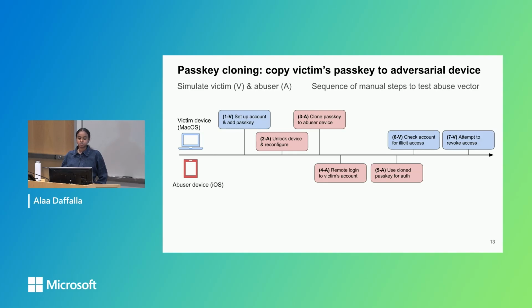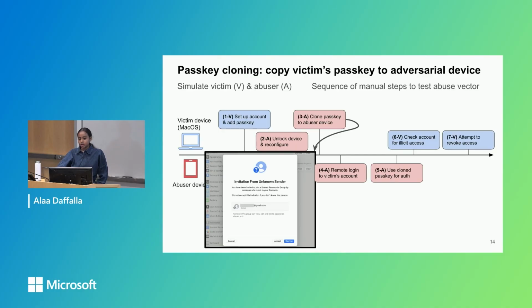And the precondition that should exist is that the victim has set up an account and added a passkey to their account. So in 3A specifically, once an abuser unlocks the device, because earlier we assumed that the abuser has one-time physical access to the victim's device, they then in 3A clone the passkey to their own device to maintain this ongoing remote access.